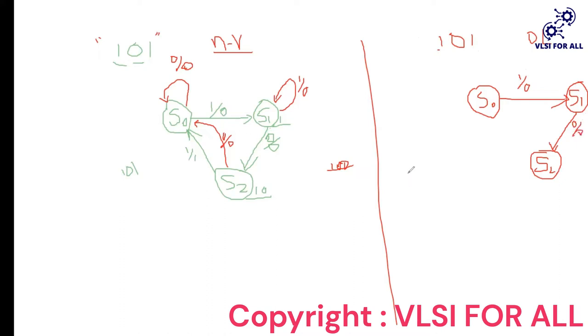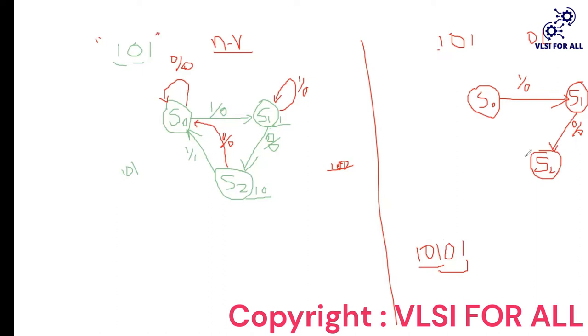Again, the same way, if we see now, since it is overlapping, we can have it like this, 1 0 1 0 1. This will be one sequence, and again this will be one sequence.